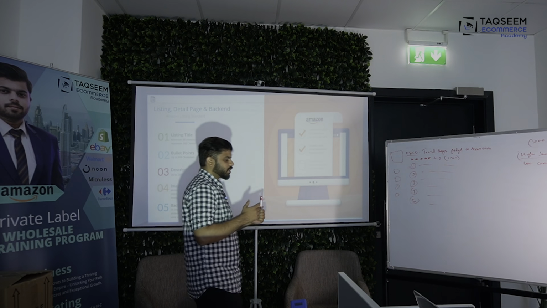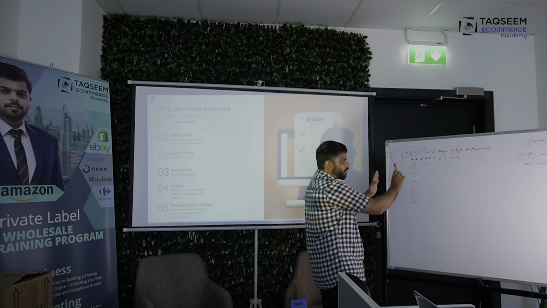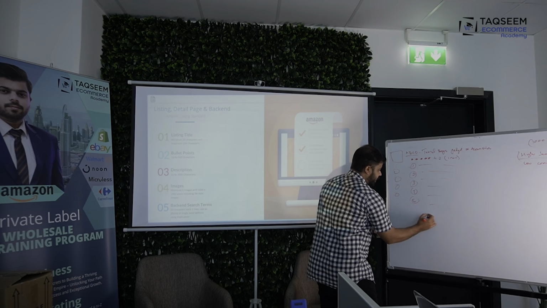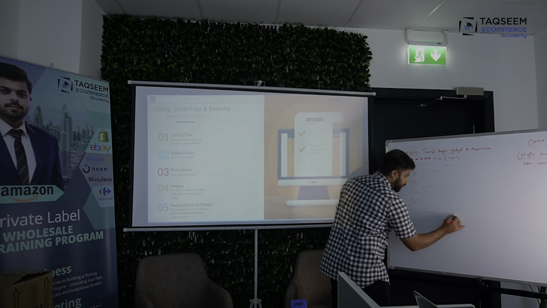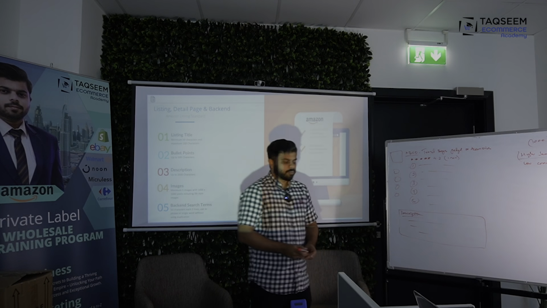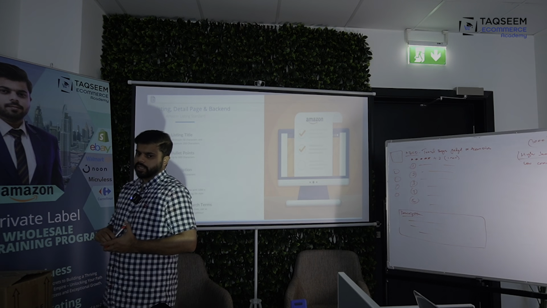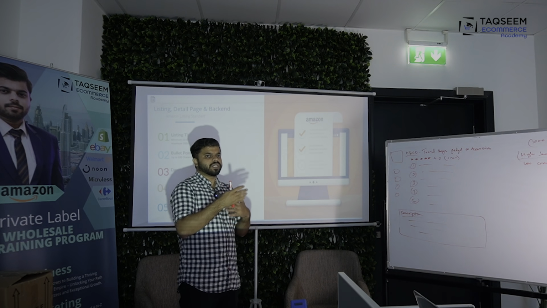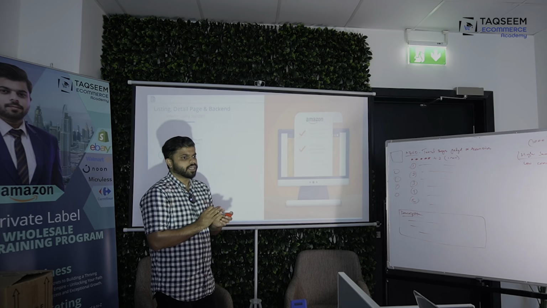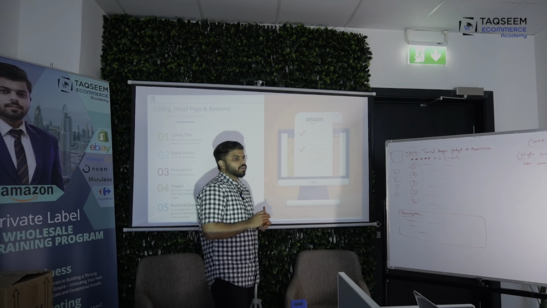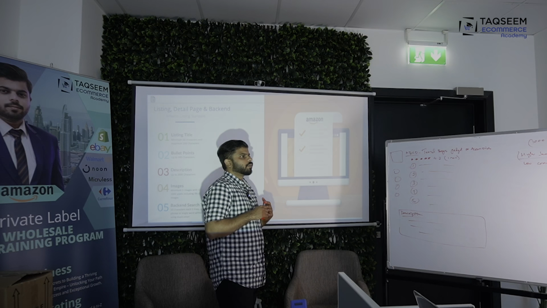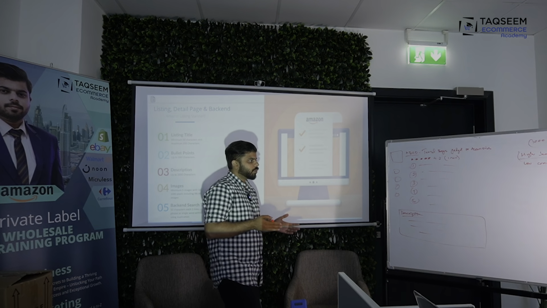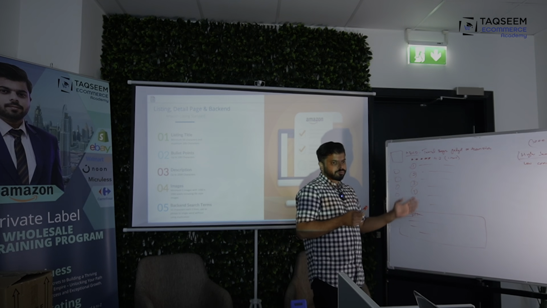If a customer is not satisfied with all the information we have given here and scrolls down, there is a complete paragraph down there, which is the description. For most products, specifically in electronics, there are many details which are very important for the customer, which you cannot cover in 5 bullet points.